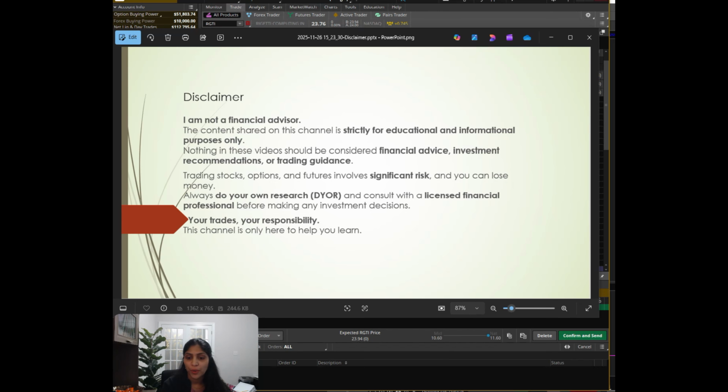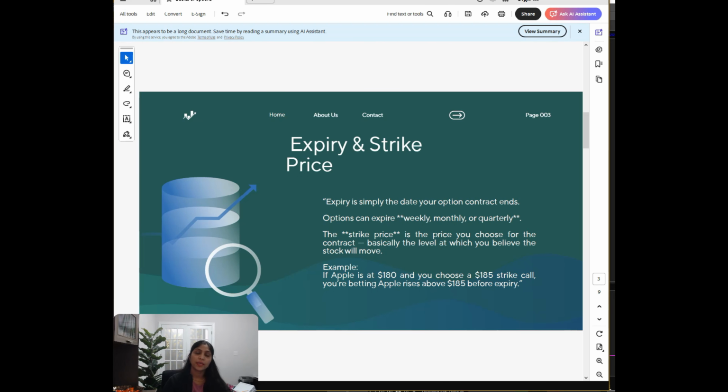So let's jump into the basics of options. First of all, we'll see what options are. Options are not like stocks. Options are contracts which give us a right to buy 100 shares, but we are not obligated to buy. Options have call and put options.